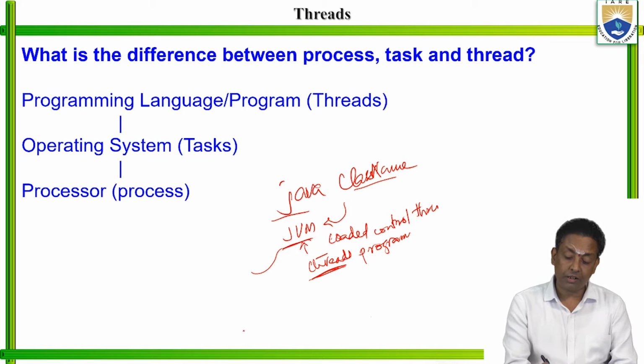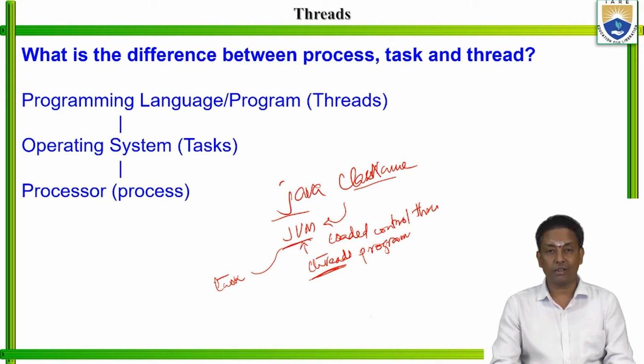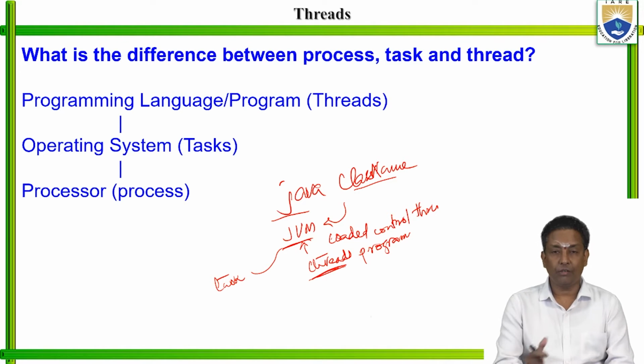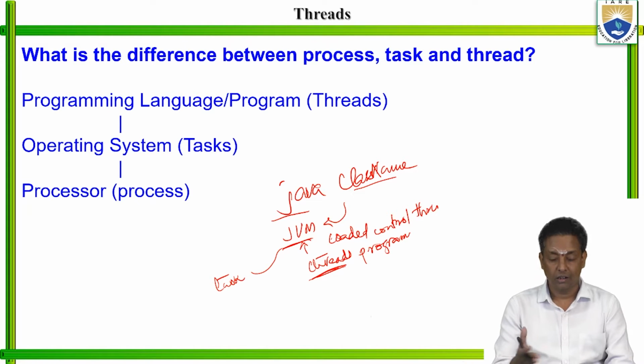And the JVM runs as one of the tasks of the operating system. We run so many tasks on our task manager. Notepad will start, we'll draw something in MS Paint, now we opened a PPT.